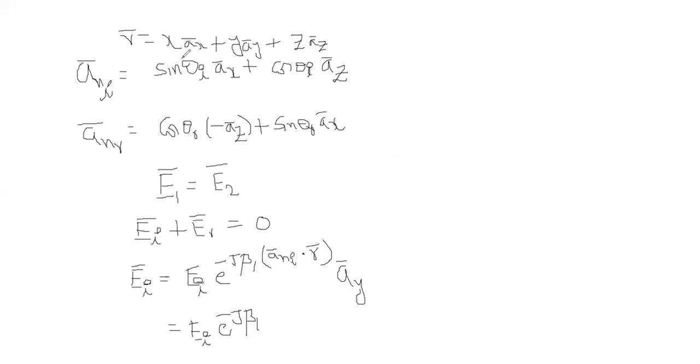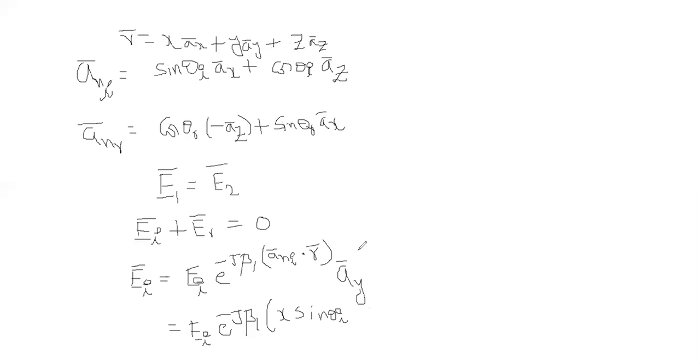The sine theta I into x, we get x into sine theta I, AX bar dot AX bar is equal to 1. Applying the dot product for ANI bar dot R bar, AX bar dot AX bar is equal to 1. So what is the coefficient? The product of x into sine theta I. And there is no y term.